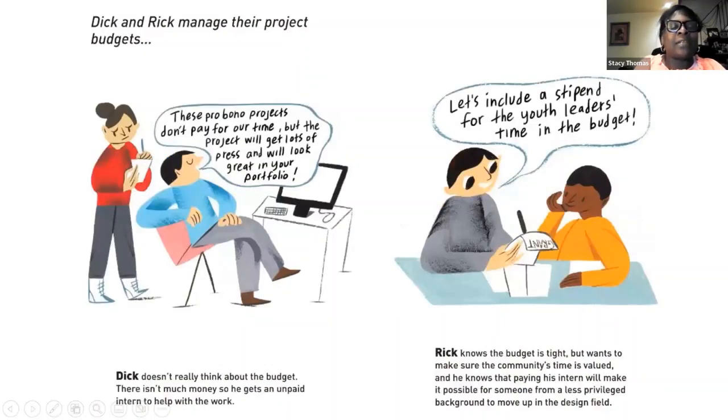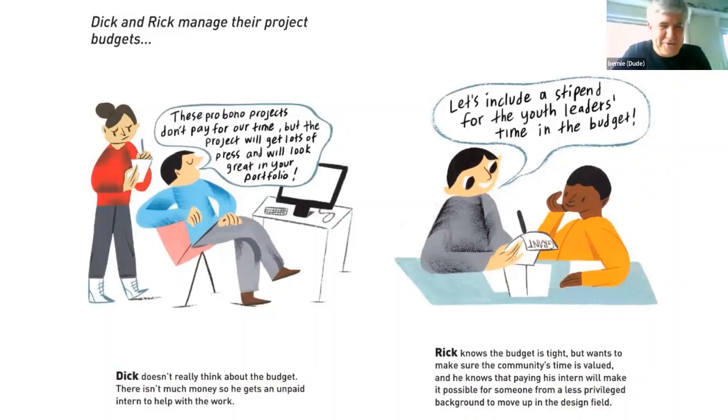Dick and Rick manage their project budgets. These pro bono projects don't pay for our time, but the project will get lots of press and will look great in your portfolio. Dick doesn't really think about the budget. There isn't much money, so he gets an unpaid intern to help with the work.